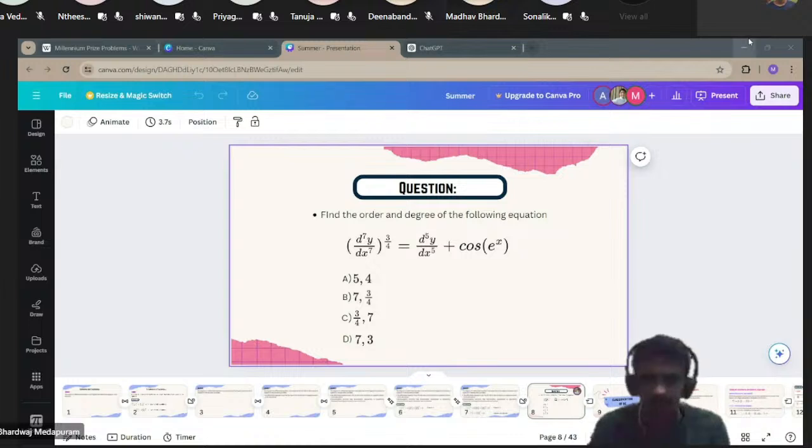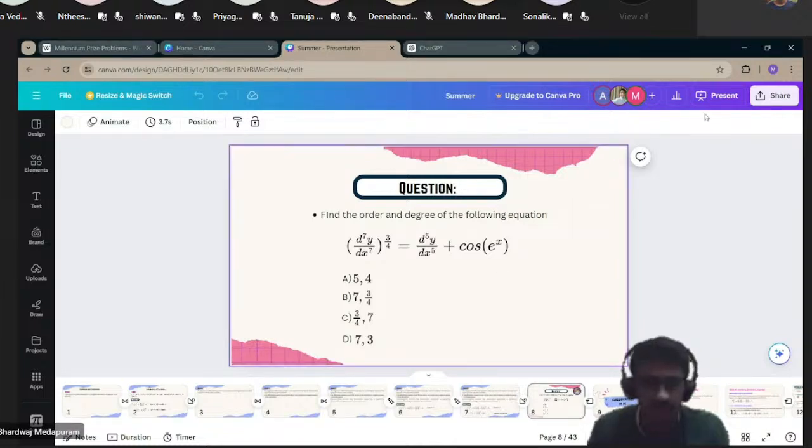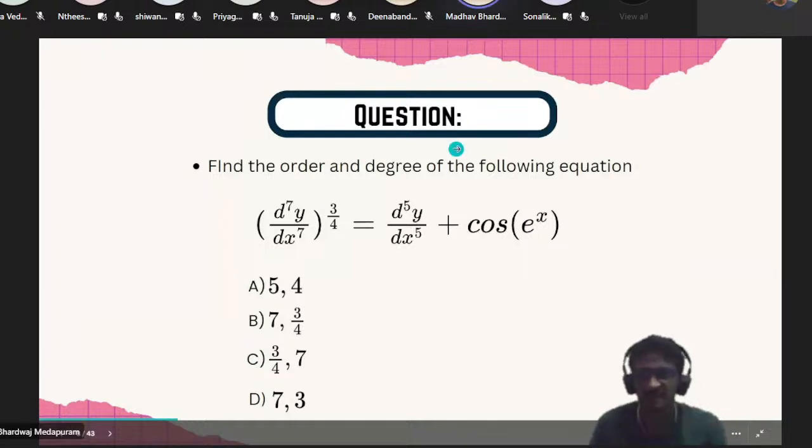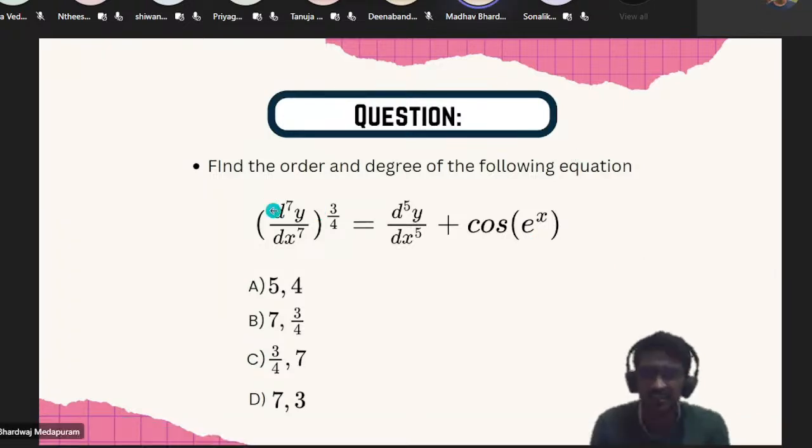Let us discuss the answer for this. Here you can see that first you need to notice that there's a power of 3 by 4, which is not a natural number. You can see that this is not in polynomial form. So one thing we have to do is raise the equation to the 4th power on both sides.